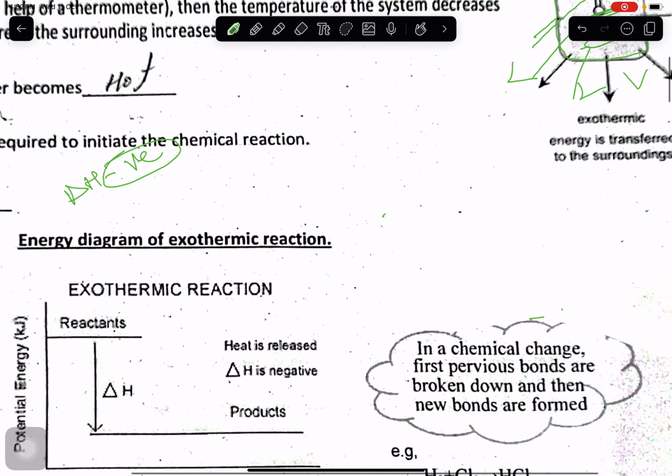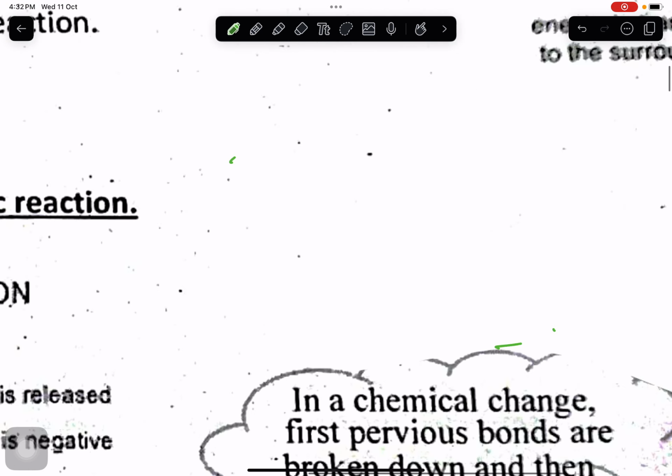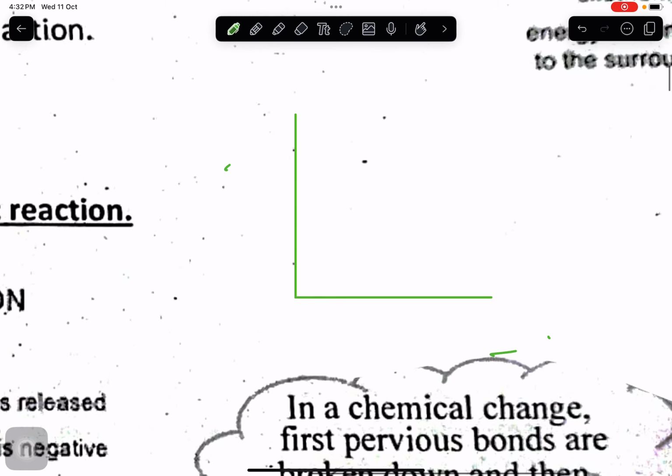Now looking forward towards the energy profile diagram of exothermic reactions. Here we will have our reactants, and here we will have products.